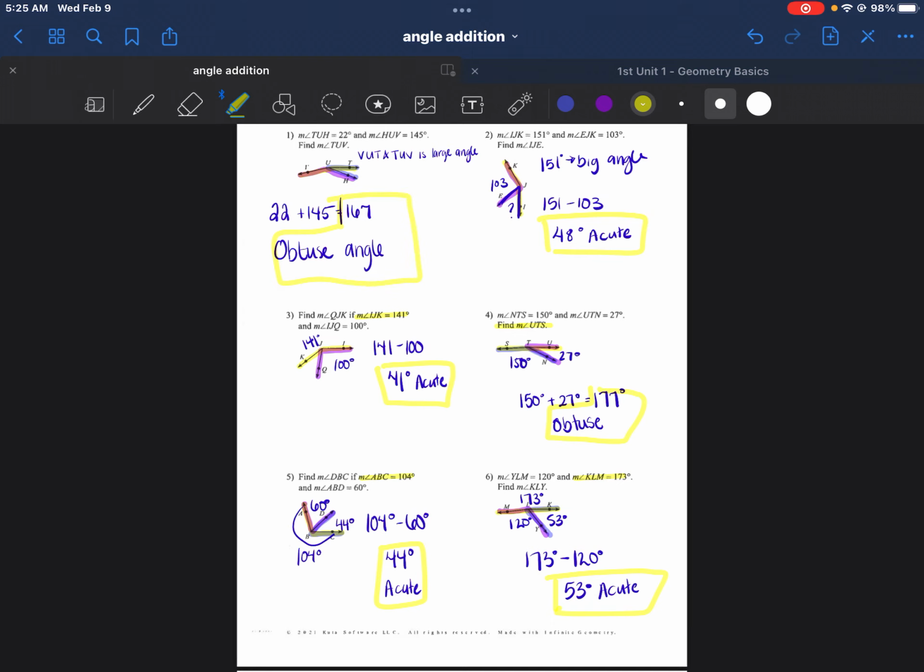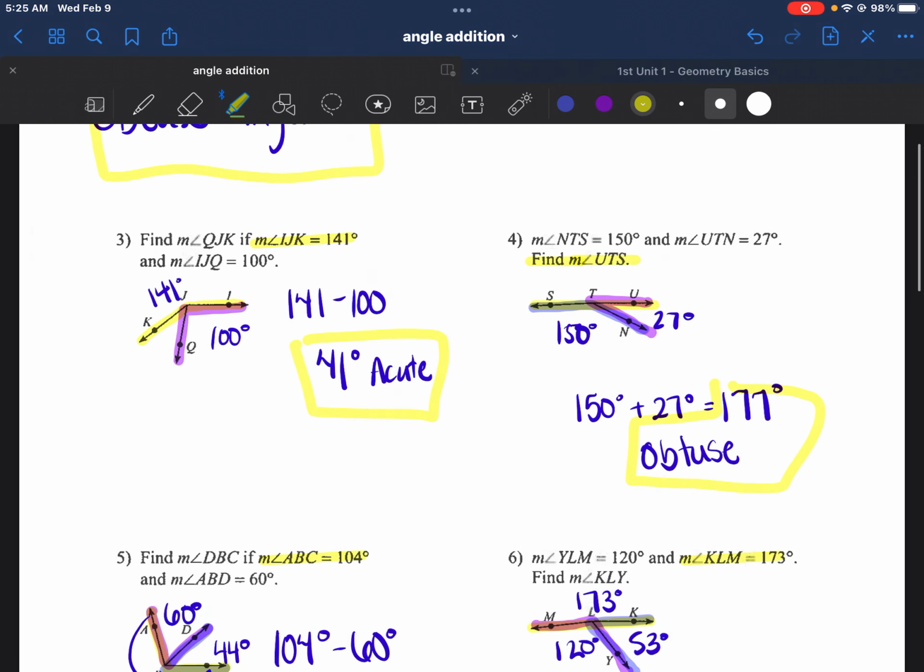Make sure you write down any questions you may have. And another way to help, if it tells you a certain degree measurement, like NTS is 150, write the degrees within that angle so it can help you understand where that degree is coming from or connected to.